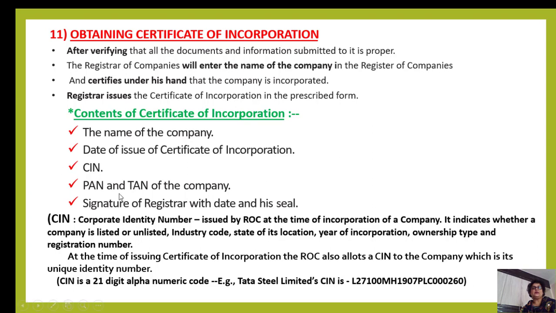Remember, when the registrar signs and seals the certificate, we have completed all the formalities of incorporation of a company. So today I have completed all the incorporation stages and sub-stages. Have all of you understood all the stages?